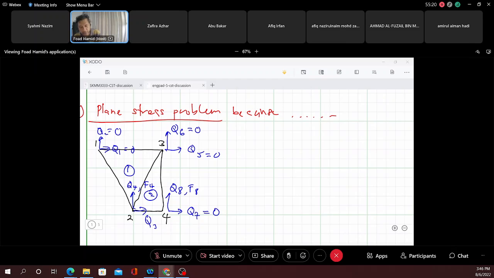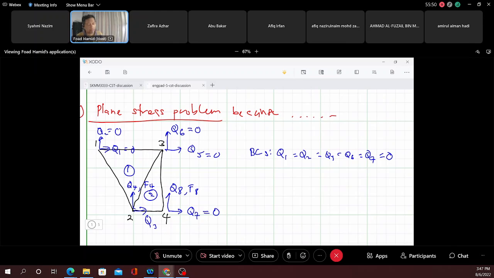Okay, our boundary conditions are Q1 equal to Q2 equal to Q5 equal to Q6 equal to Q7 equal to 0. And our unknown DOF, note that we have how many nodes here? 1, 2, 3, 4 nodes. 4 nodes means we have 8 degrees of freedom.